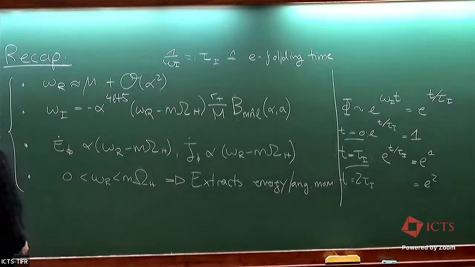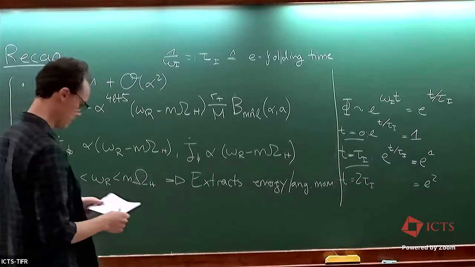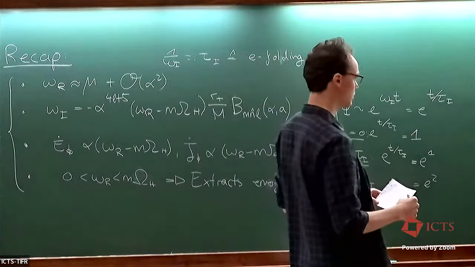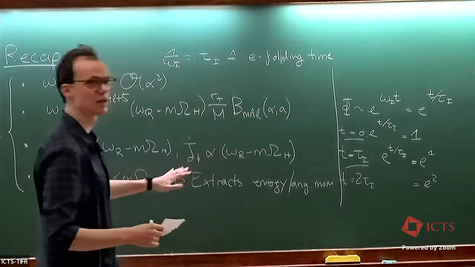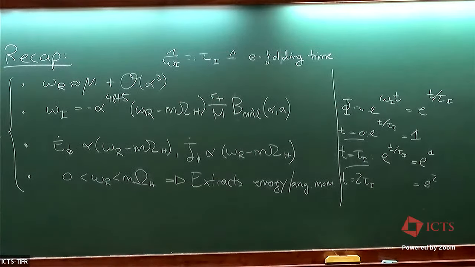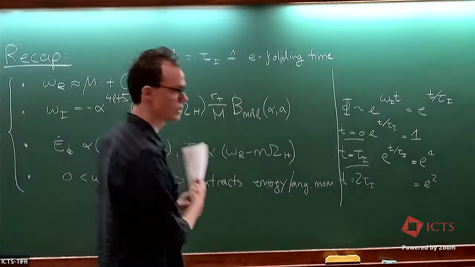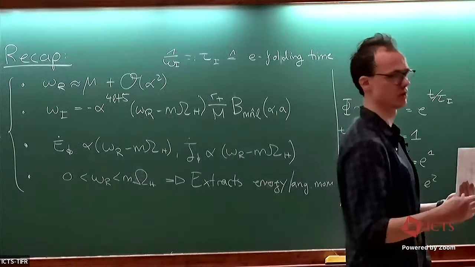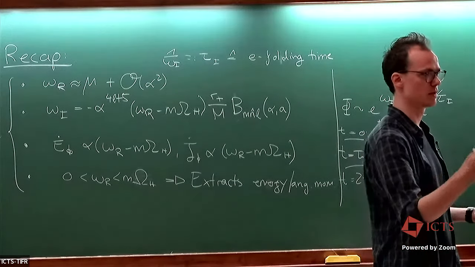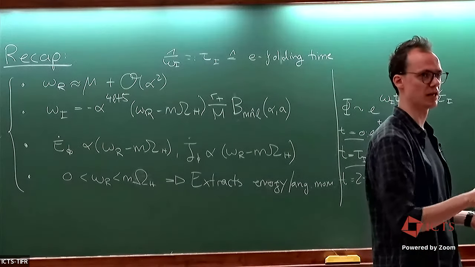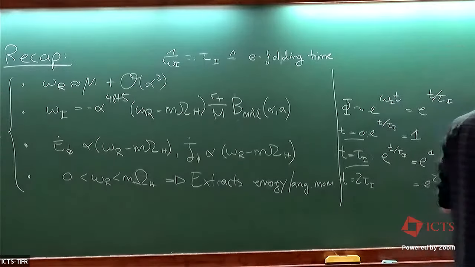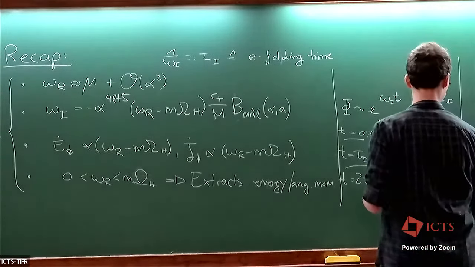And to understand that, we try to model this growth and therefore the extraction of energy from the black hole in such a way that this black hole goes through a sequence of stationary Kerr black holes with successively decreasing mass and spin. Okay?